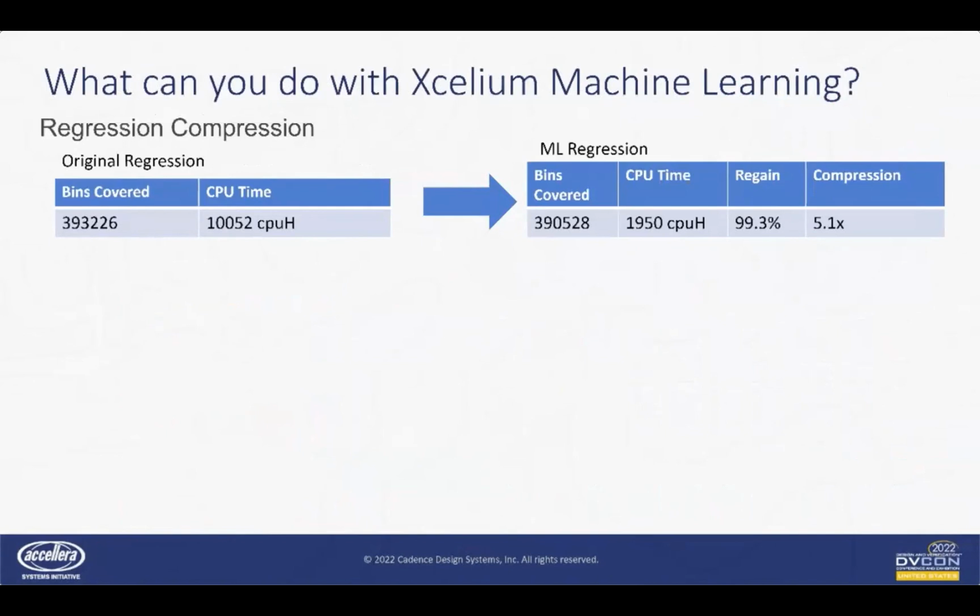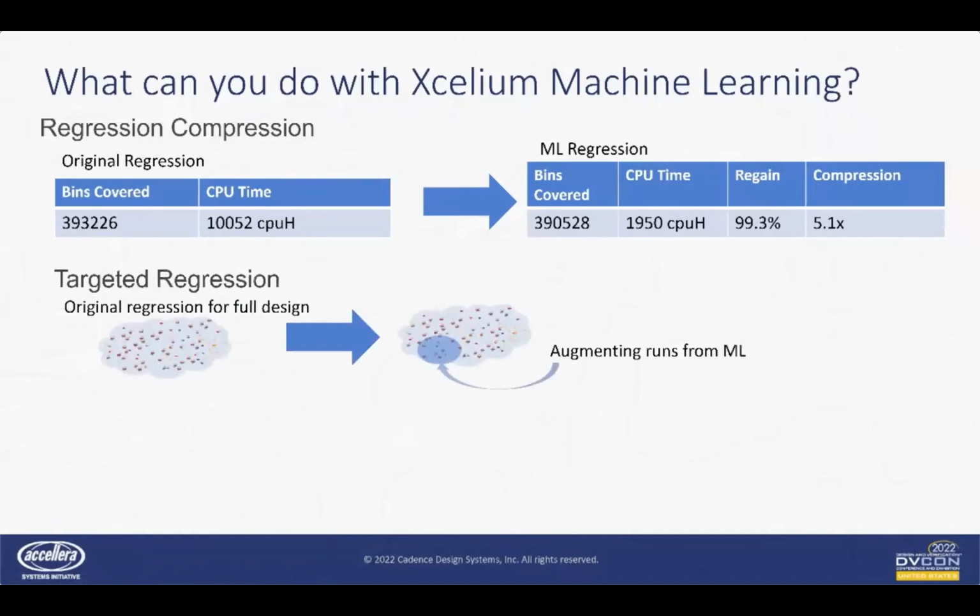So the obvious thing you can do with that is just have more runs of a similar regression over time, right? So you may replace the original regression with a generated regression, and you run more simulations over a certain period of time. Okay, that's fine.